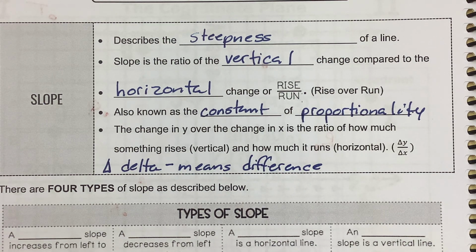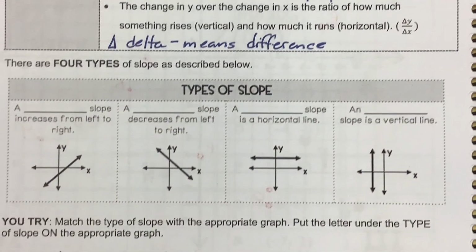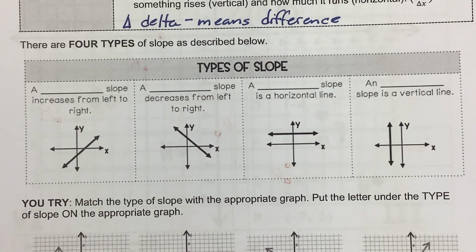Now, the difference between the vertical points on a line and the difference between the horizontal points on the line. So it's how much it's changing, how much difference there is. Now, why would they call something delta math? Well, because it's a different way to show you math. Why would it be Delta Airlines? Because there's a different kind of airline. That's why delta.